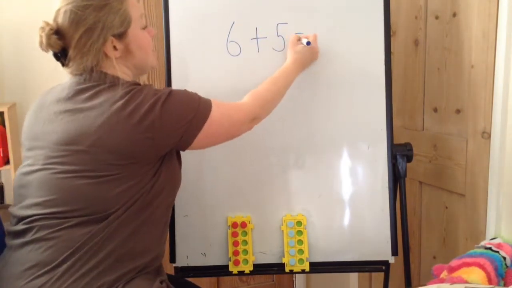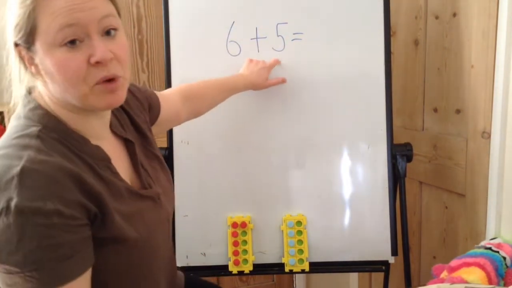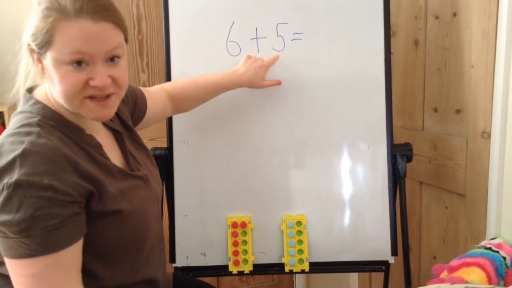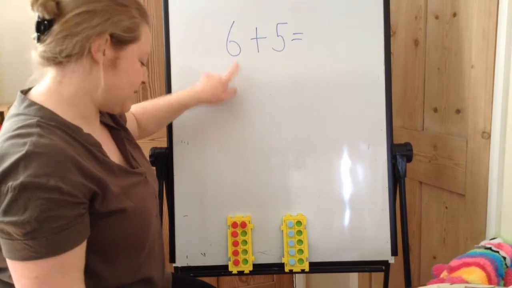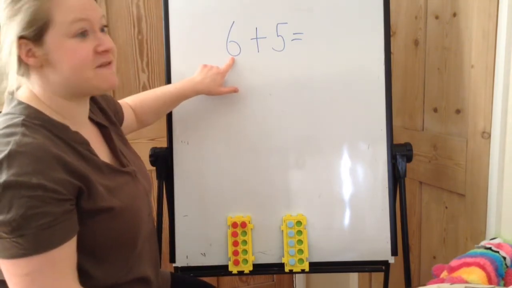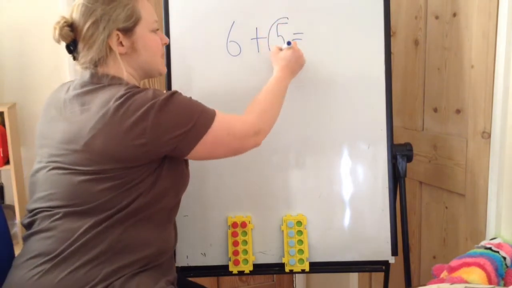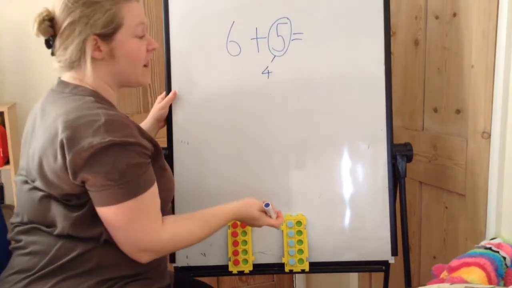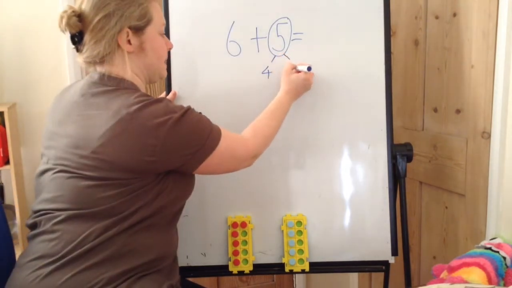Again, hopefully your children will see immediately that this is more than 4. 6 and 4 make 10, so we're going over the tens boundary. So we're going to say with 6, what do we need to make it up to 10? We need 4. So we know immediately that we're going to split that into 4 and whatever's left over from the 5, which is 1.